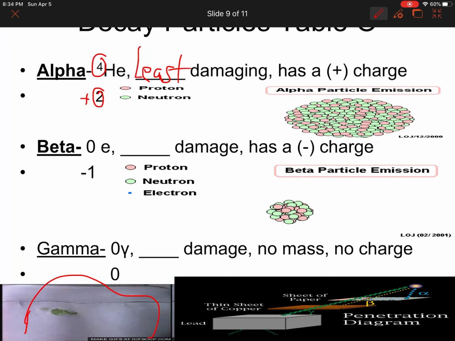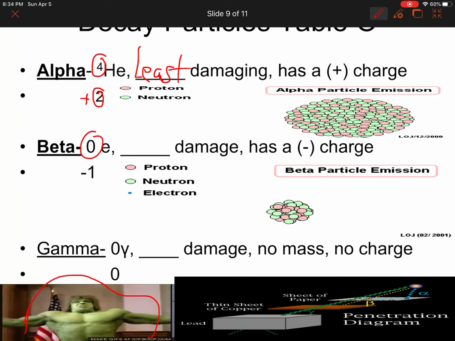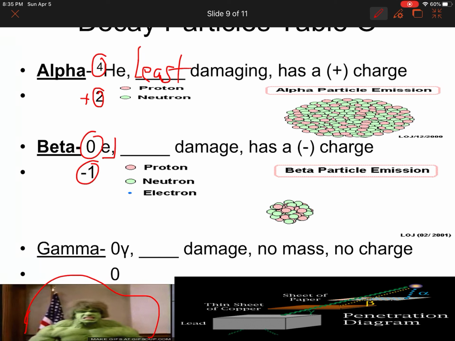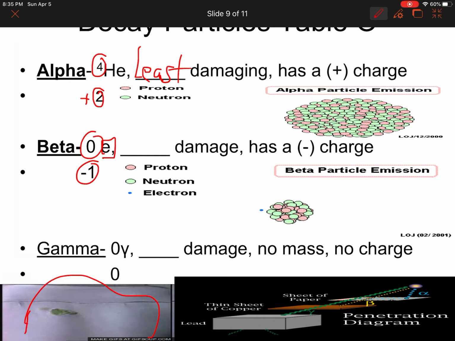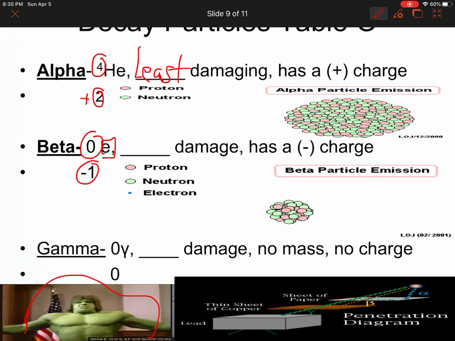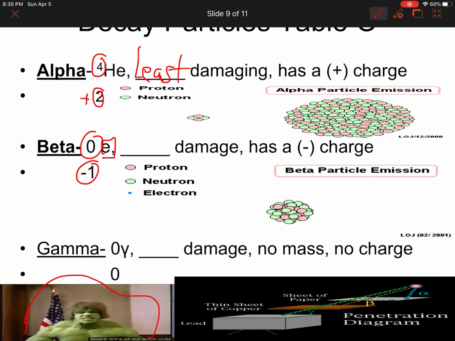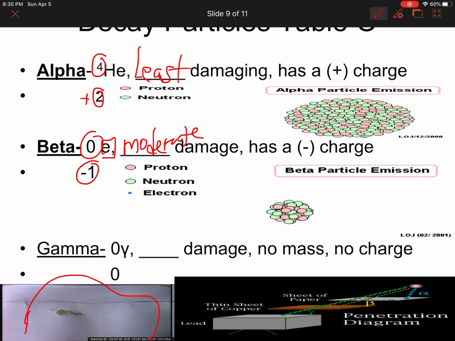Beta particles over here have a mass of 0 and a negative charge, because remember, that's the e. Guys, beta particles are electrons. If you notice, the beta particle was stopped where? That's right, the beta particle was stopped at the aluminum. That has what's called moderate damage.